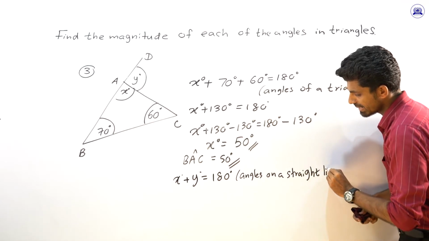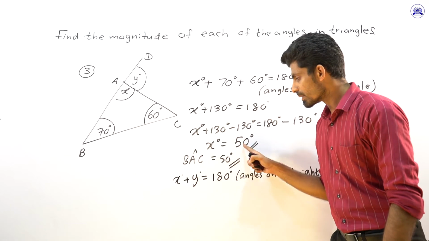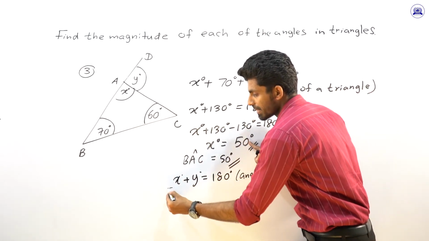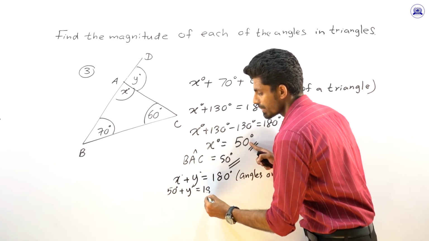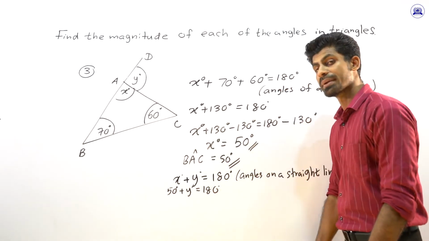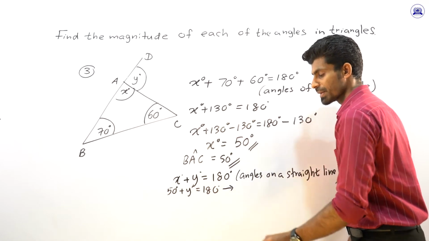But we know x equals 50. So we can write down 50 plus y equals 180.